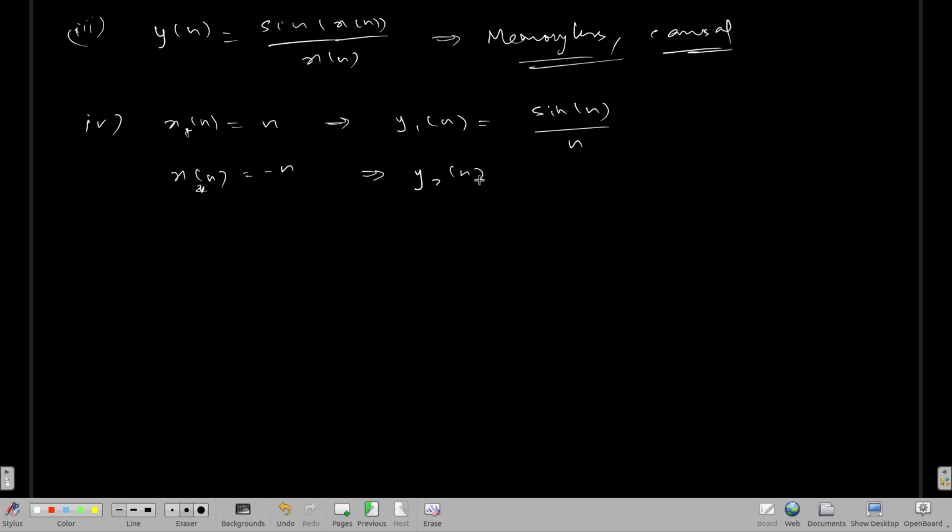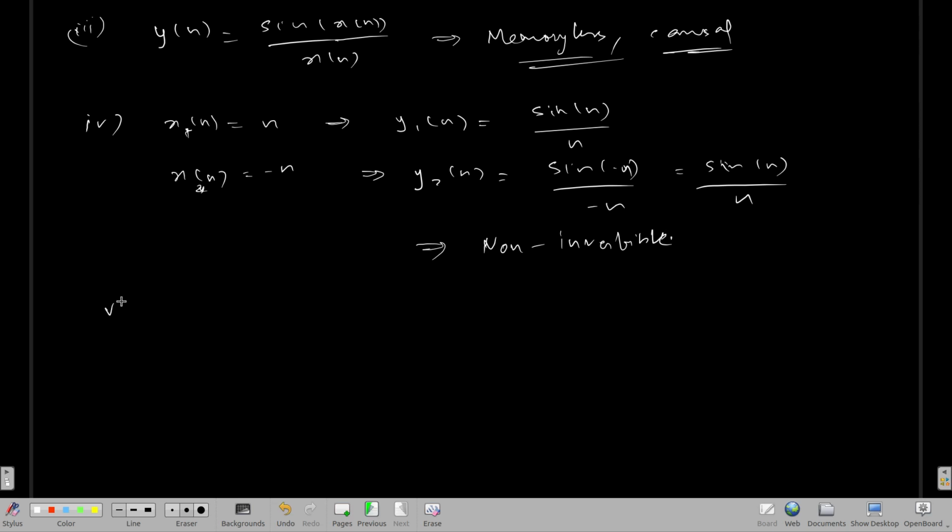Then this is equal to sine of minus n by minus n, which is again sine of n by n. That is, two different inputs are giving the same output, therefore it is not invertible. It is non-invertible. Okay.